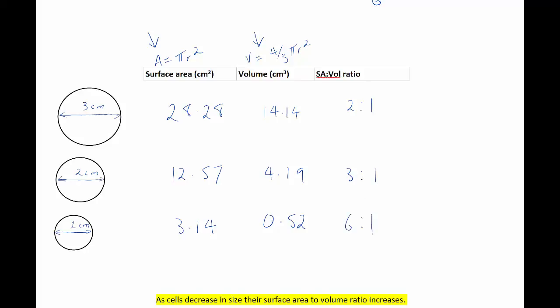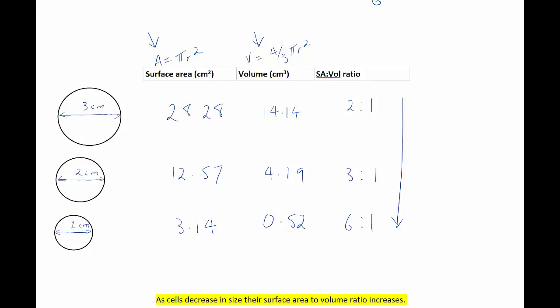And what is the relationship you notice between the size of these spheres and their surface area to volume ratio? Well, if you notice, as the cells decrease in size, their surface area to volume ratio increases. And this is very important.